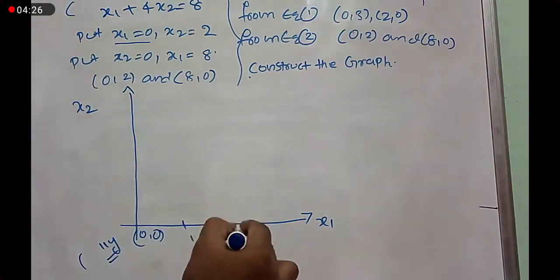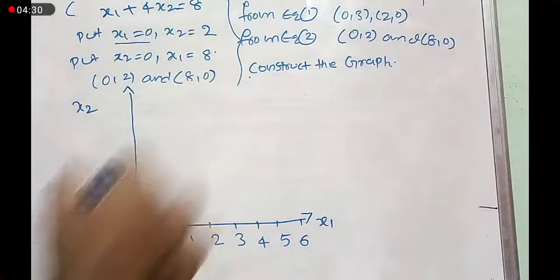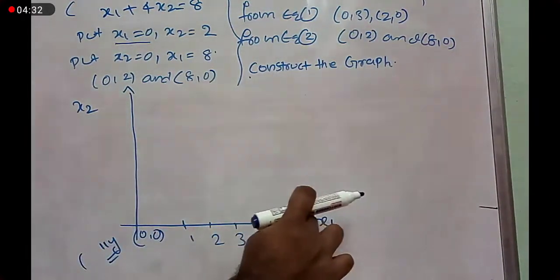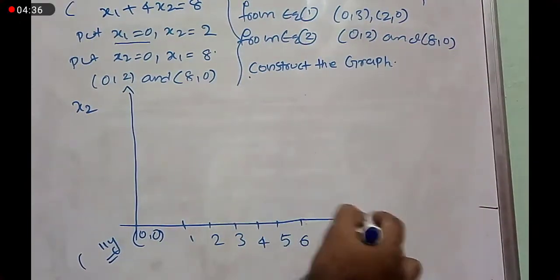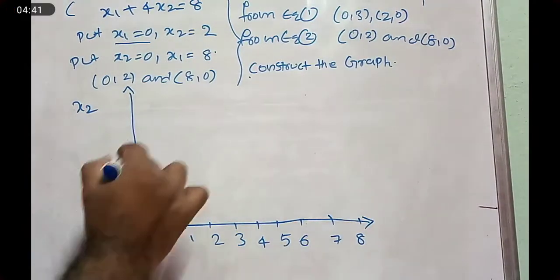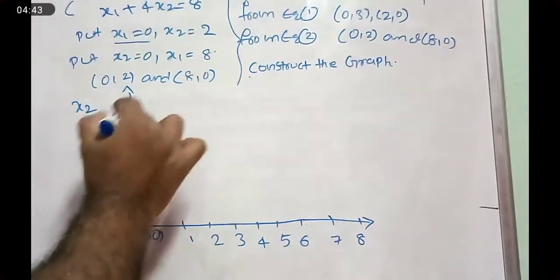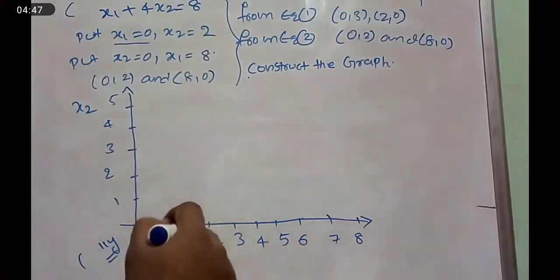Then for x1 we will write 1, 2, 3, 4, 5, 6, 7, 8, and for x2 we will write 1, 2, 3, 4, 5, 6 and so on, so that we can easily plot these values on the graph.